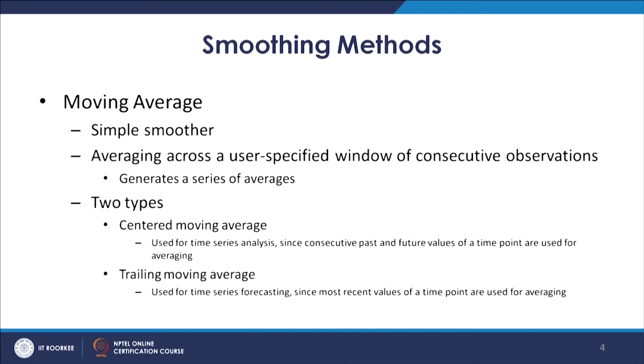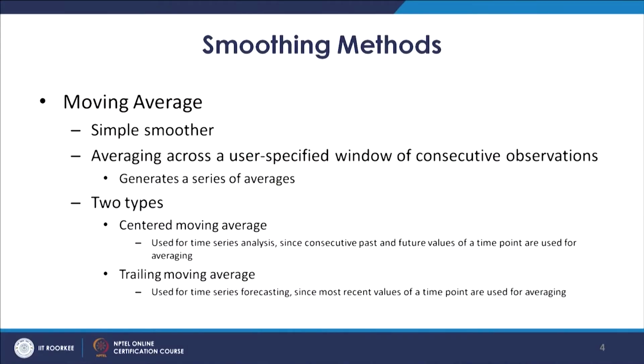The user has to specify the number of observations which are going to be useful for forecasting or analysis purposes, and of course that can be determined by doing some trial and error or some experimentation. Domain knowledge and experience with time series forecasting and analysis are going to help the user in selecting a particular window for this averaging.